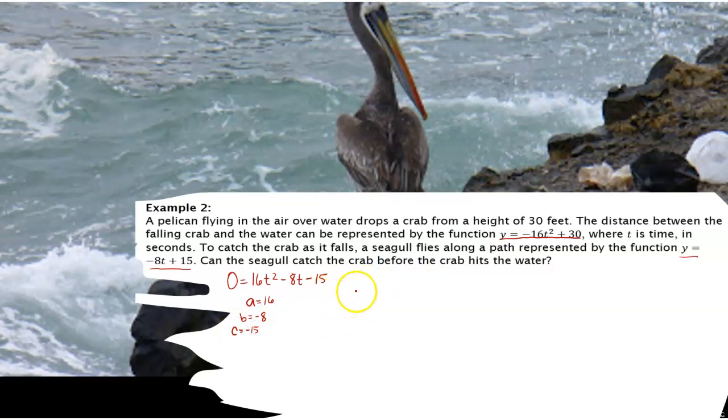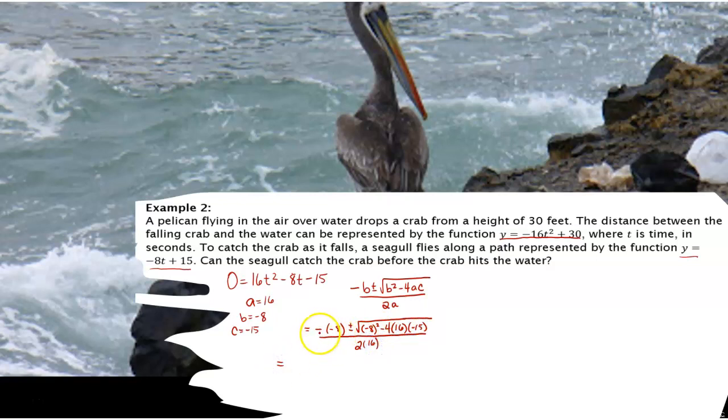In our quadratic formula, we have negative b plus or minus the square root of b squared minus 4 times a times c, all divided by 2a. So then we plug in our b, that's negative 8, plus or minus the square root of negative 8 squared minus 4 times 16 times our negative 15, all divided by 2 times 16.